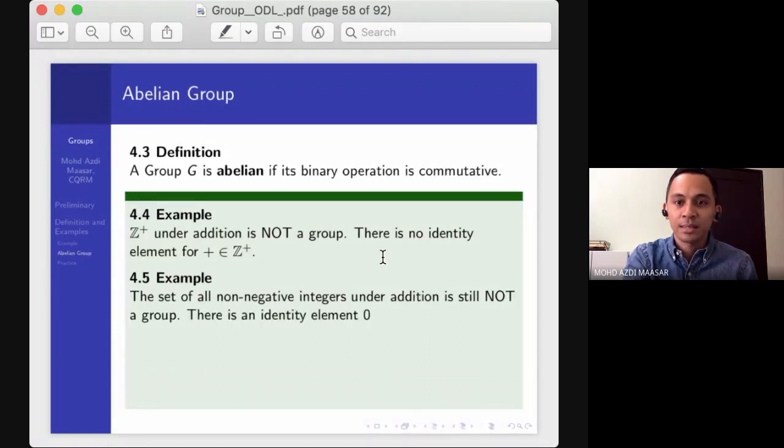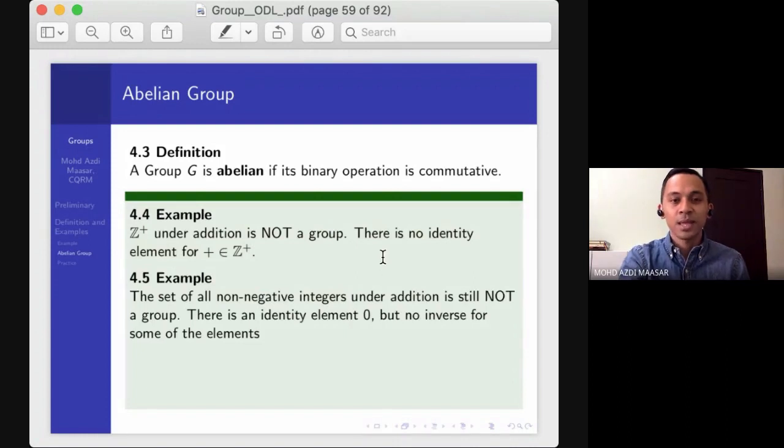There is an identity 0, but there is no inverse for some of the elements. Here, we might give any possible counterexample, say 3, that has no additive inverse in this set. We know this by heart that negative 3, or minus 3, is the additive inverse for 3.